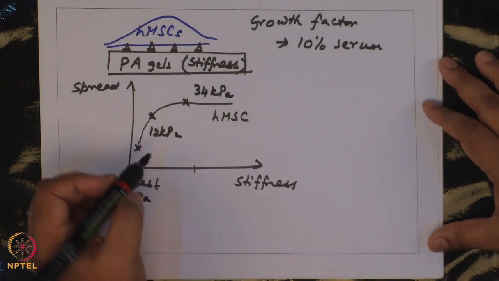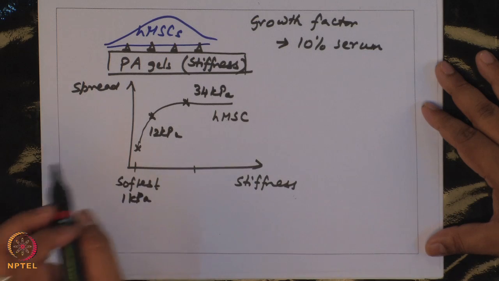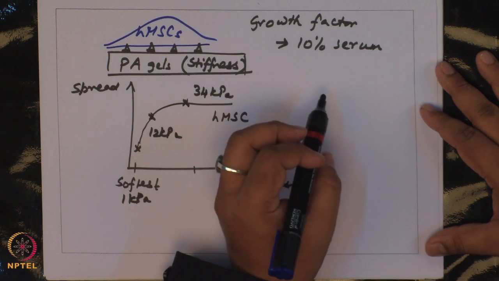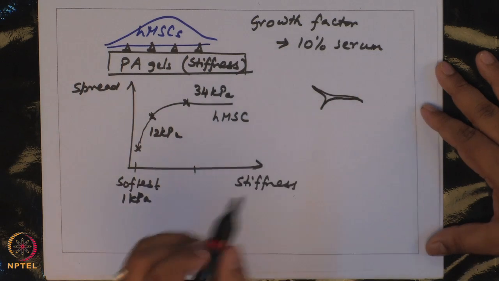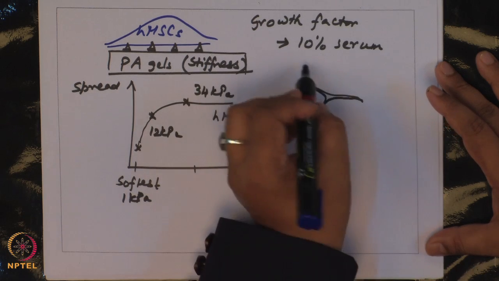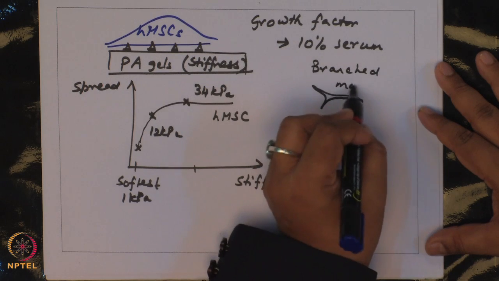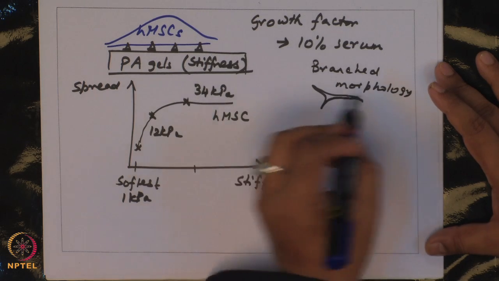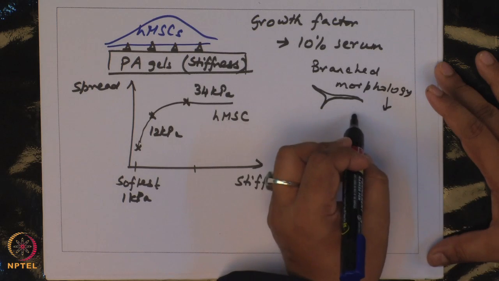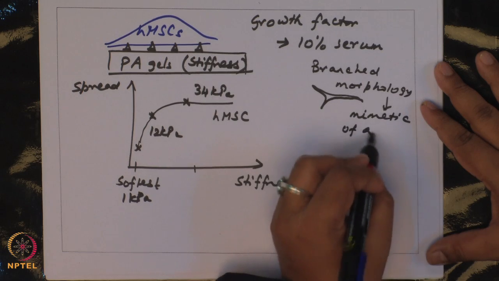When you ask what is the shape of the cells, the authors found that on the softest 1 kPa gel, the cells had a more elongated or branched morphology, mimetic of a neuron.